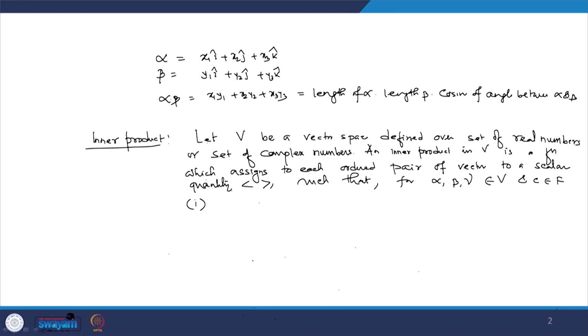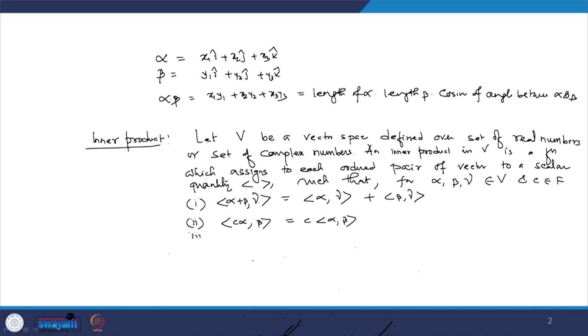So, it satisfies first, inner product of alpha plus beta comma gamma equals inner product of alpha gamma plus inner product of beta gamma. This is called the linear property of the inner product. Second, inner product of c times alpha and beta equals c times inner product of alpha beta.